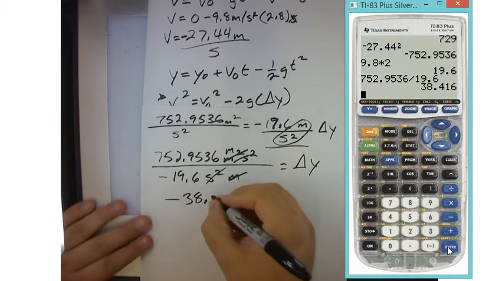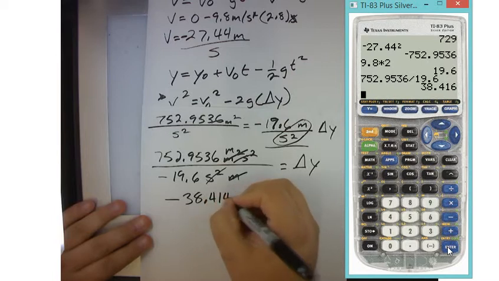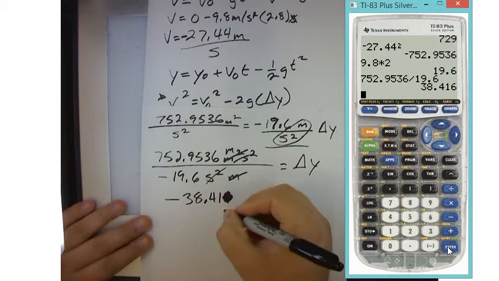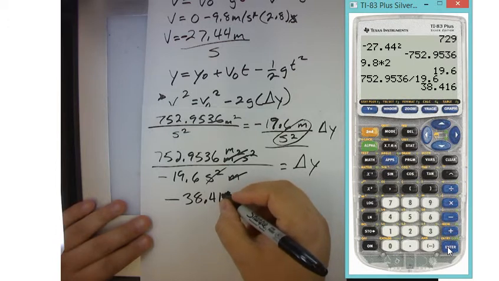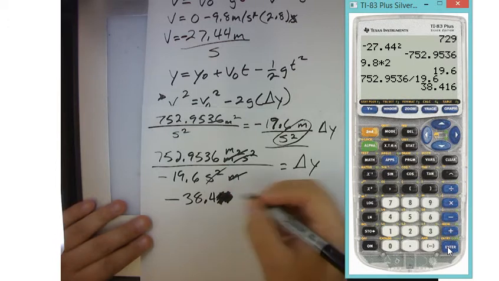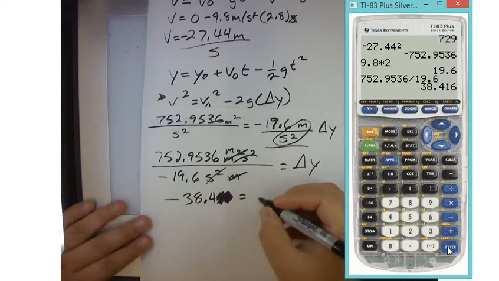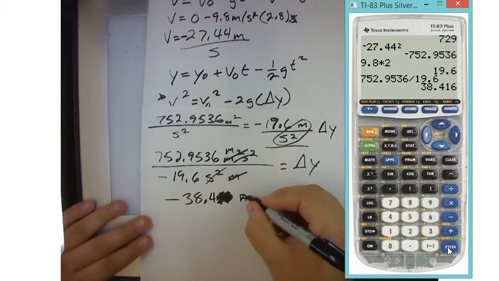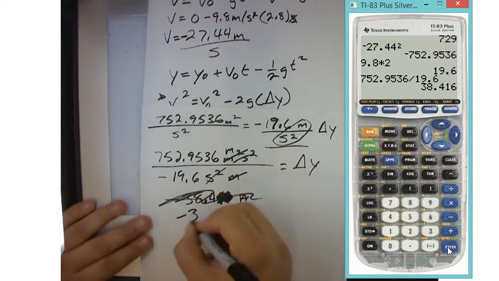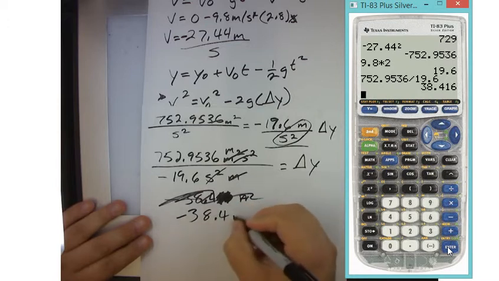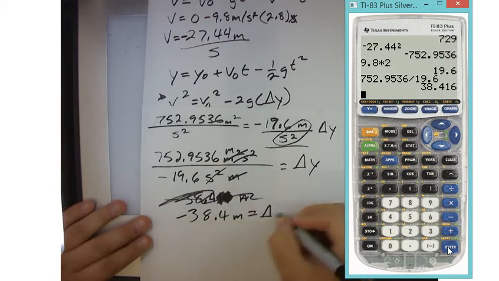So negative 38.4, let's just round it to 38.4 meters. Negative 38.4 meters is my delta y.